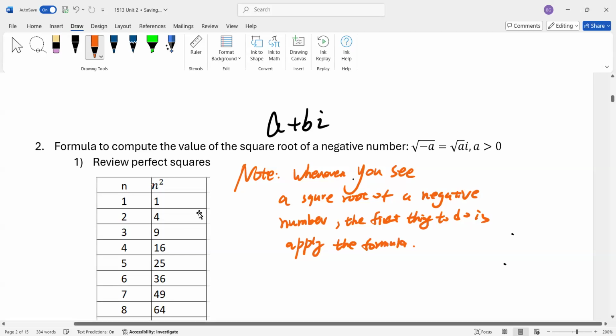Whenever you see a square root of a negative number, apply the formula right away. I have a reason. We can revisit this note later.